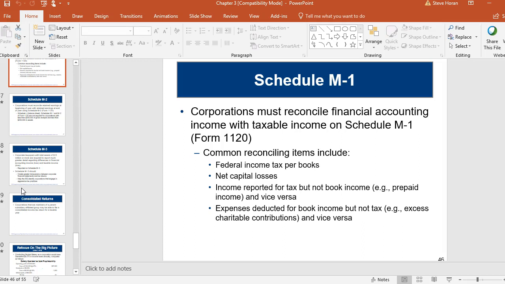M1 is a reconciliation of your GAAP books to your tax books, because some things are reported differently for GAAP than they are for tax, and this is just reconciling the difference. It's a schedule that you file on Form 1120, and this is for corporations with $10 million or less in total assets.